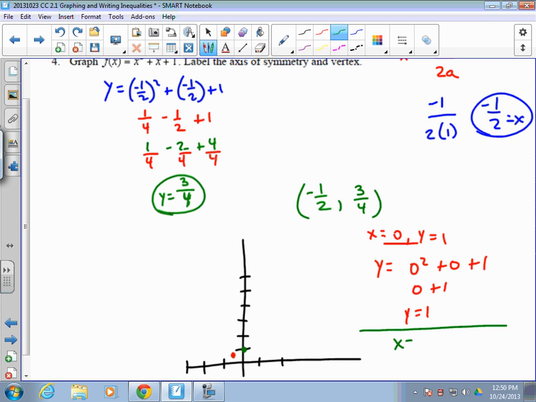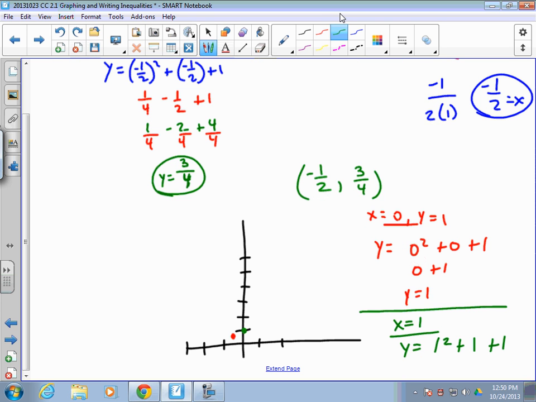And then when x is 1, y equals 1 squared plus 1 plus 1. So 1 squared plus 1 is 1 plus 1 is 2, plus 1, y's value is 3. So when x is 1, y is 3. So x being 1, y is 1, 2, 3.